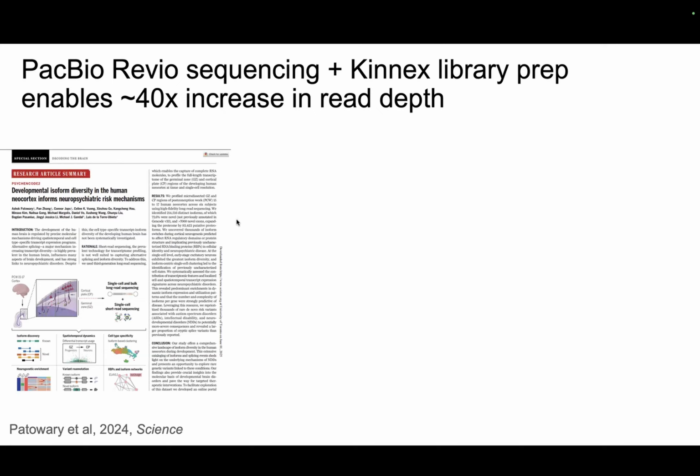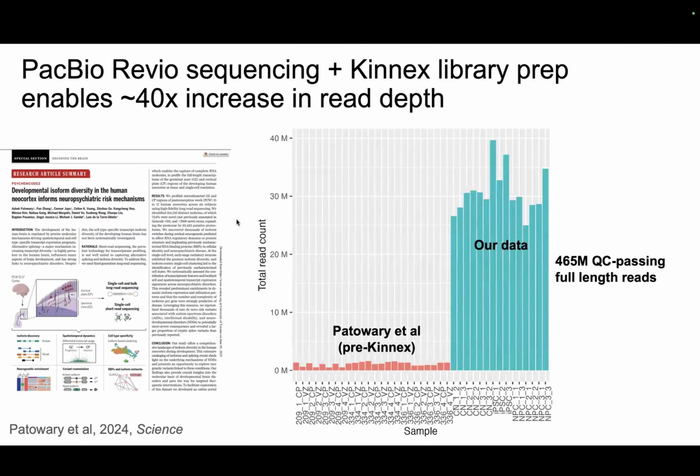Just to motivate what you can get out of Kinnex, on the left we're plotting total read count per sample from this prior paper from Patawari et al. That was collected using PacBio long-read RNA-seq, but in the era pre-Kinnex. With our data set, we're able to get so many more reads per sample, about a 40-fold increase in read depth.